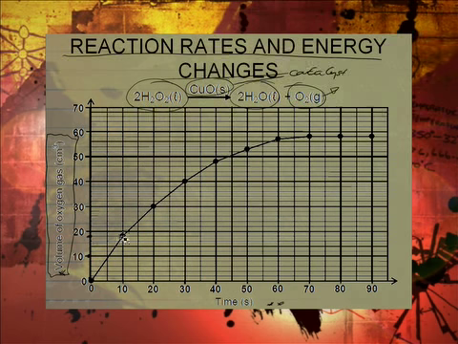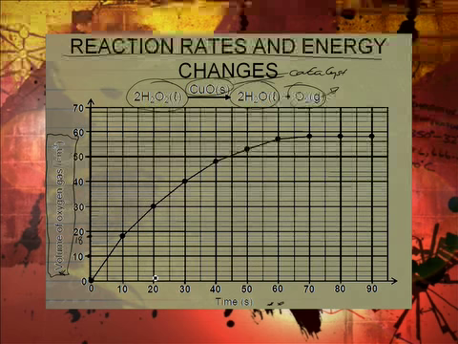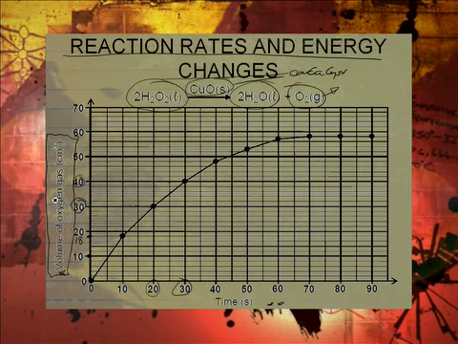After 10 seconds, we have got 18 cubic centimeters of oxygen formed. Similarly, at 20 seconds, quite easy to see, you've got 30 cubic centimeters of oxygen formed. After 30 seconds, you've got about 40 cubic centimeters of gas formed.